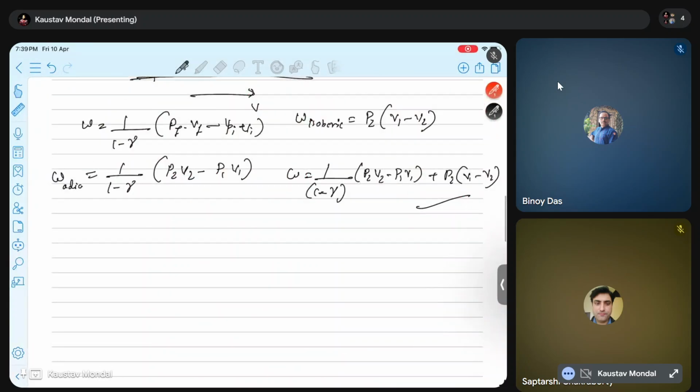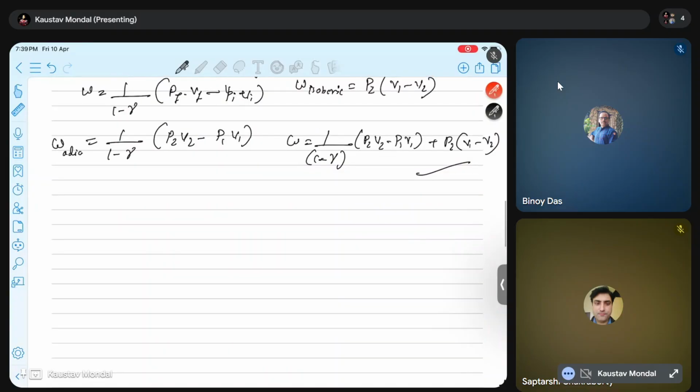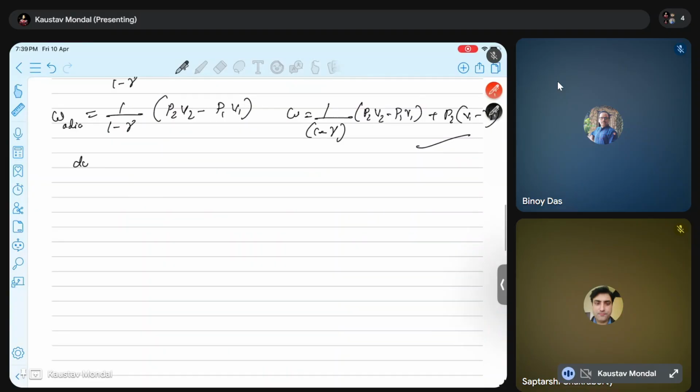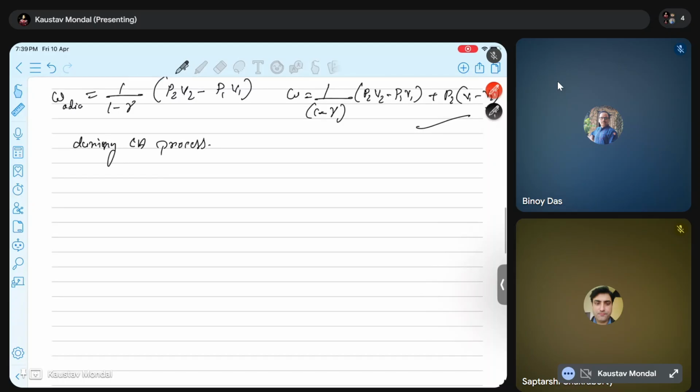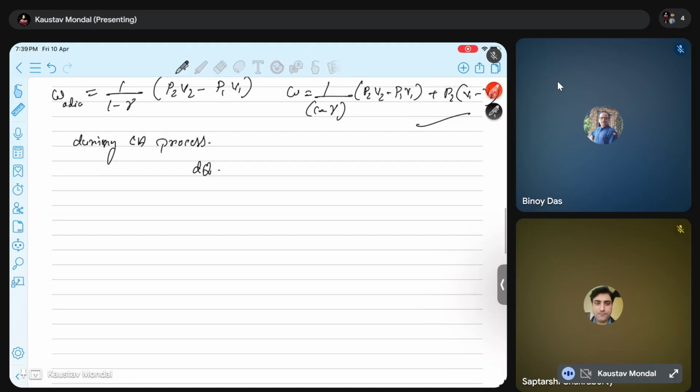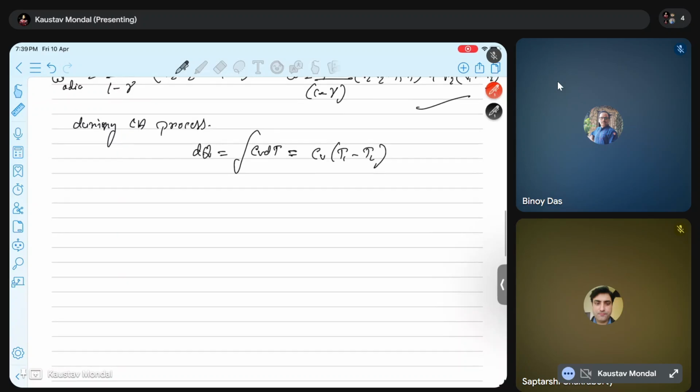The change dQ is basically Cv dT, change in temperature. So Cv (T1 minus T2).